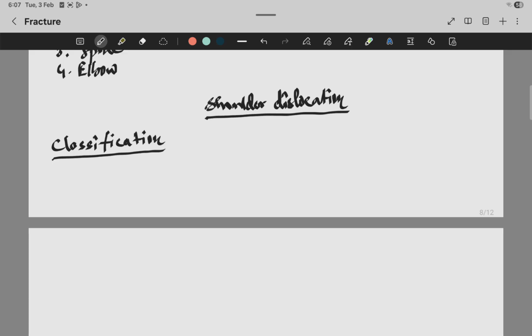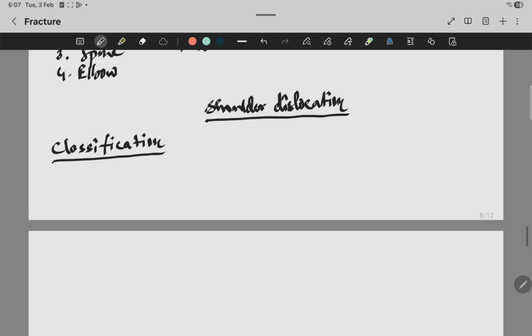There are three types of shoulder dislocation. Number one, anterior shoulder dislocation, which is the most common dislocation in the body.